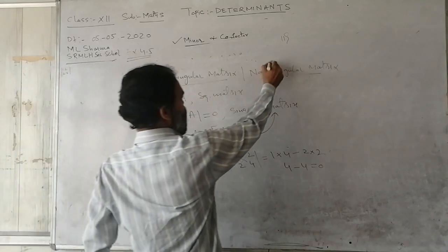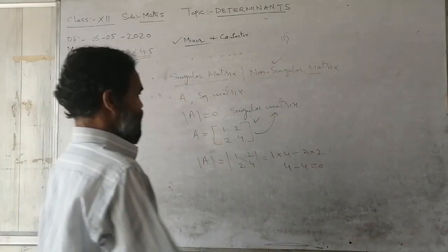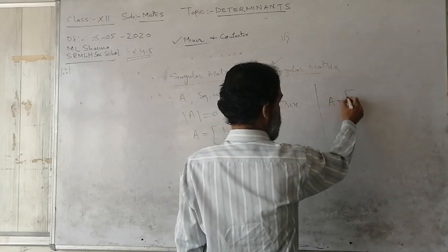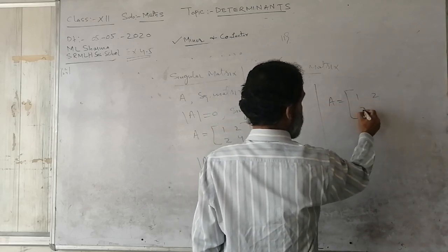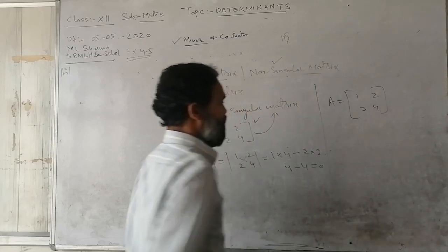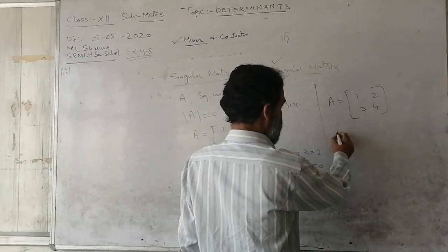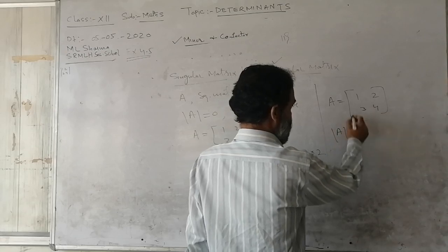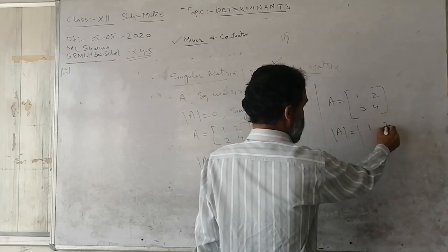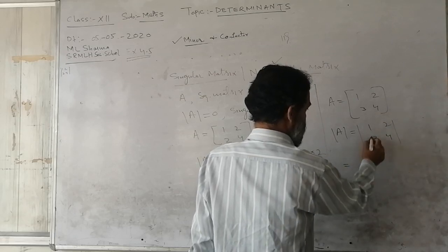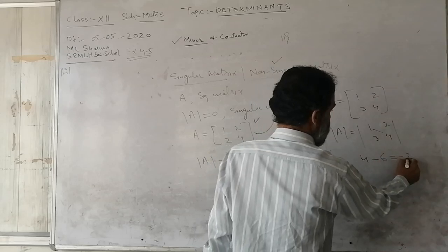Then a non-singular matrix means, if I have a matrix, say A, of order 2 by 2 and I calculate its determinant, it will be 1 into 4 minus 3 into 6, which is minus 2.